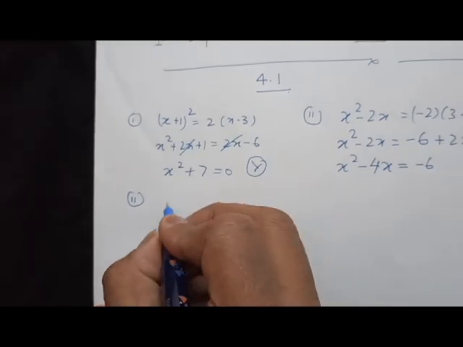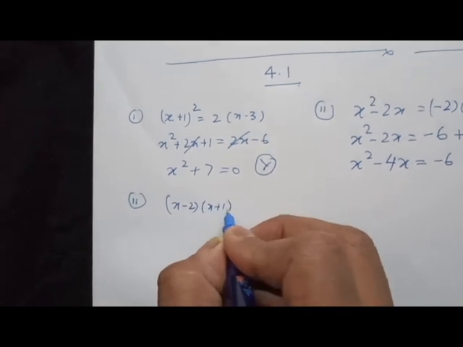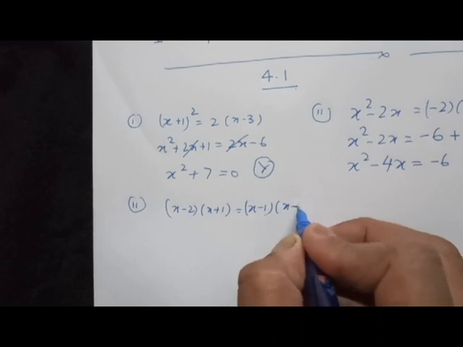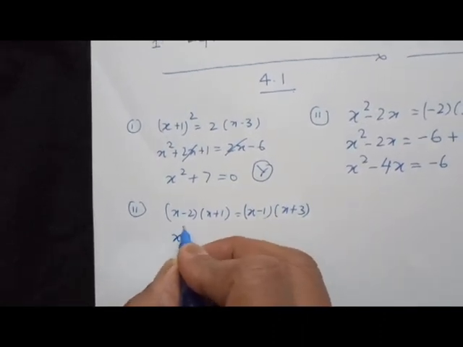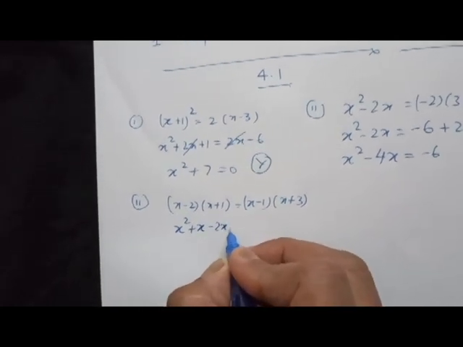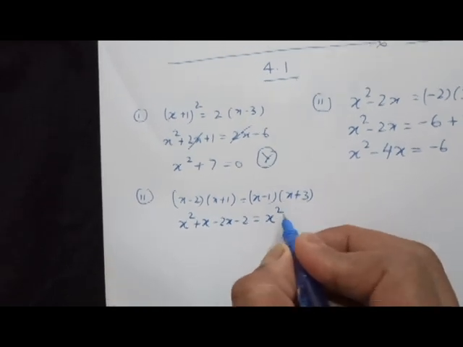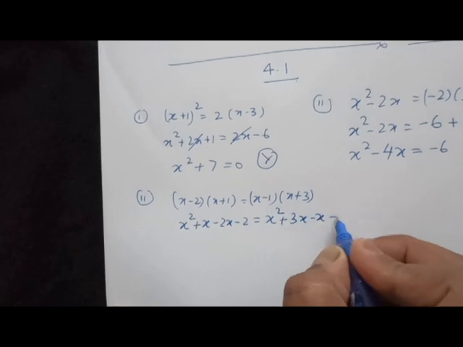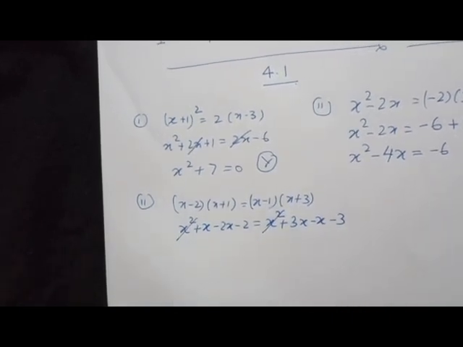Third one, x minus 2 into x plus 1 is equal to x minus 1 into x plus 3. When you open the brackets, you get x square plus x minus 2x minus 2. On this side, when you open the bracket, students, you get x square plus 3x minus x minus 3. x square gets cancelled on both sides.